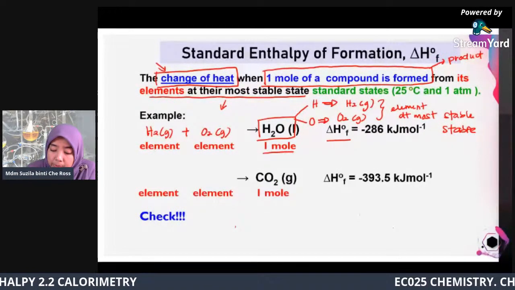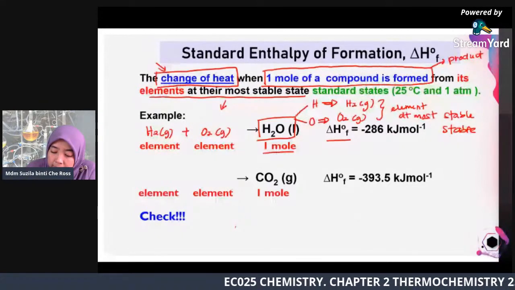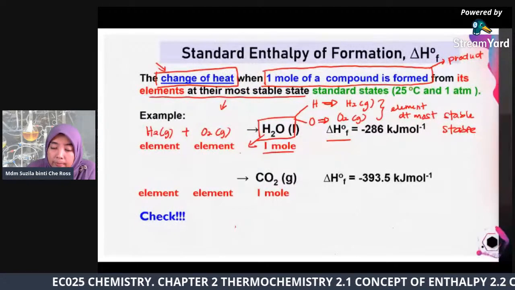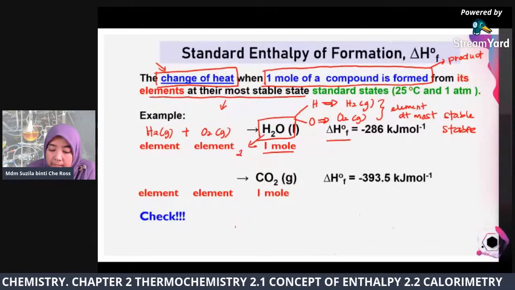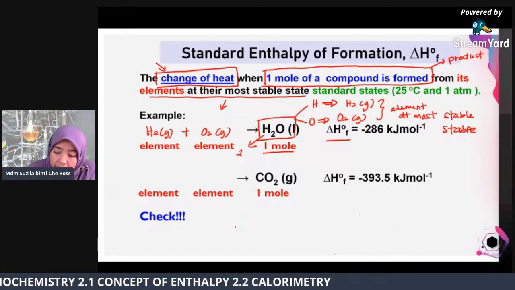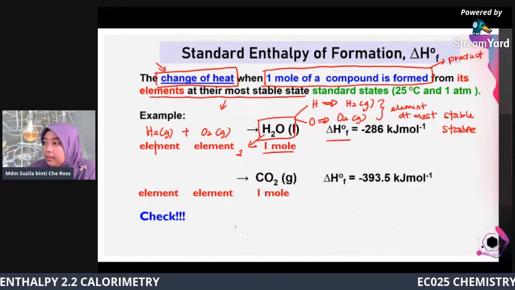Okay, so we take a look for hydrogen. Hydrogen here 2. We have 2 hydrogen on product side. Okay, now we take a look at reactant. Reactant also we have 2, so hydrogen is balanced.